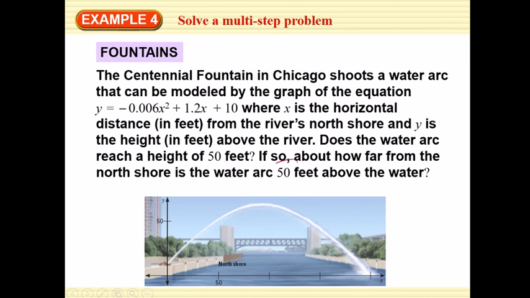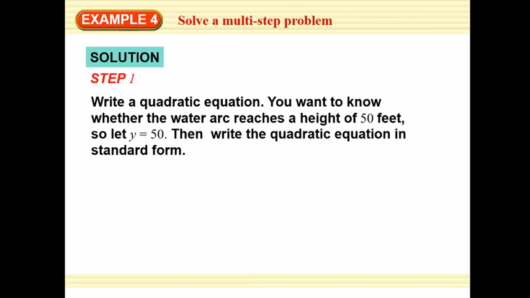So we are looking to replace my height, which they told us y is the height with 50 feet, and then we're looking for x, a horizontal distance there. So, write a quadratic equation. You want to know whether the water arc reaches 50 feet, so let's go ahead and let the height equal 50. Then write the quadratic equation in standard form.